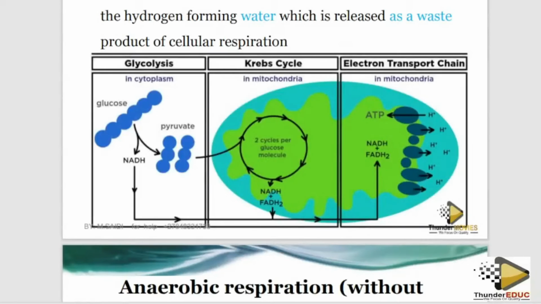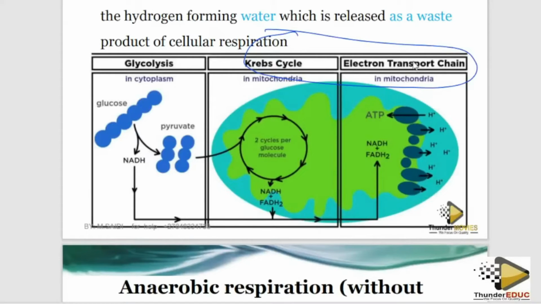Respiration is divided into two: aerobic respiration and anaerobic respiration. Aerobic respiration requires oxygen. Anaerobic respiration requires no oxygen. So where do we use oxygen? We use oxygen in these two phases.